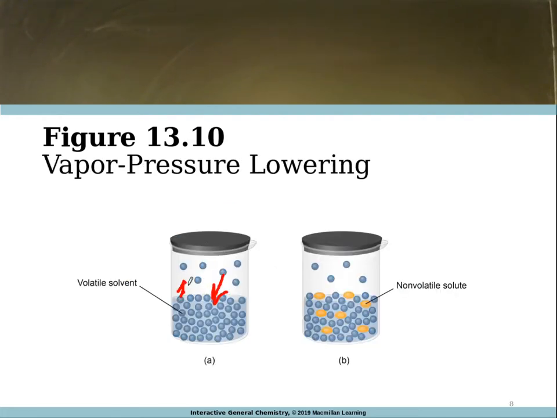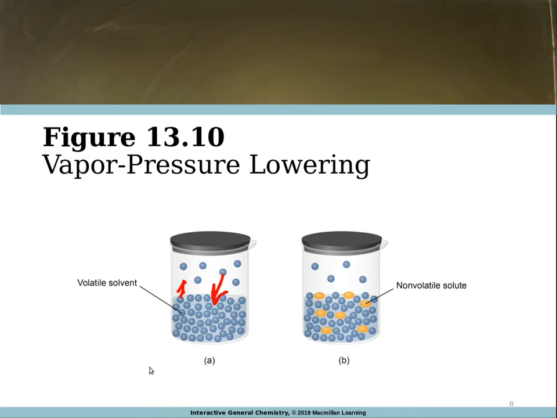Okay, so there's going to be an equilibrium between these two processes, right? And the frequency of collisions between the gas phase and the solvent are going to depend on the pressure of the gas above the solution.